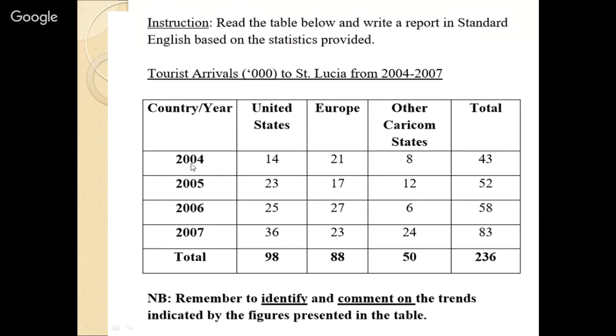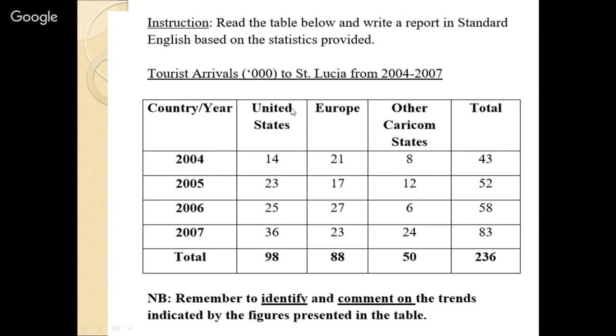So we have 2004, 2005, 2006, 2007. So we have 1, 2, 3, 4 years, right? So the table covers the 4 years from 2004 to 2007. And you are correct going across, we're looking at 3 categories.